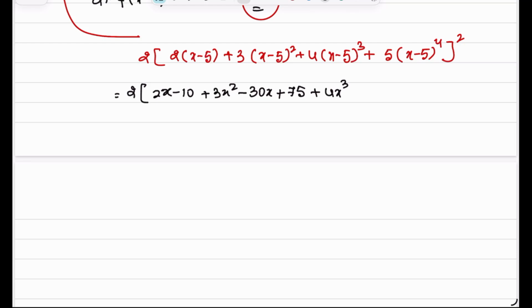That means 3 into x square into 5, 15, minus 60 x square plus 3 ab square.